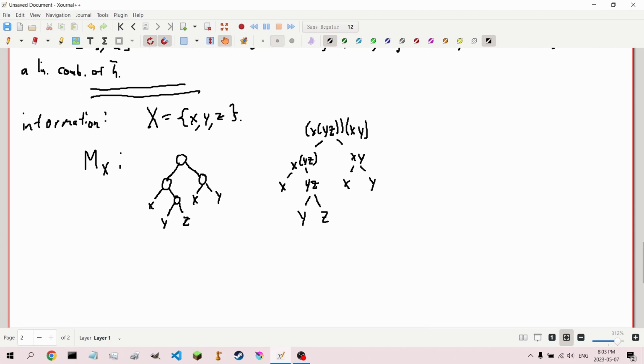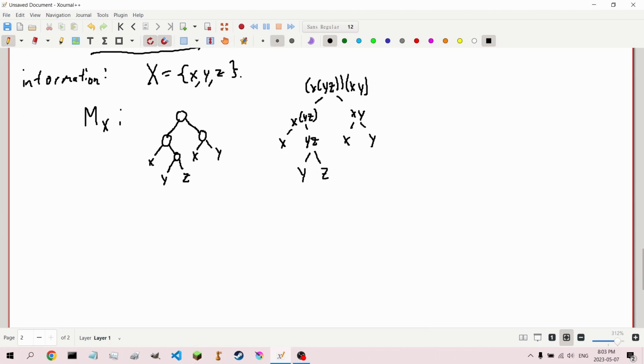This is what MX is. The next free structure we defined is the free algebra, A of X. For this discussion, we should set our base ring to the integers.